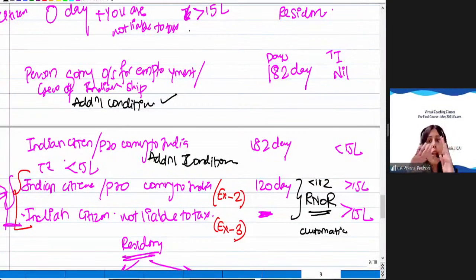If it's your first time that you're going out for employment, you would not be resident in India. But if you're going forever and you're just coming on visit to India, then you have 120-day criteria.